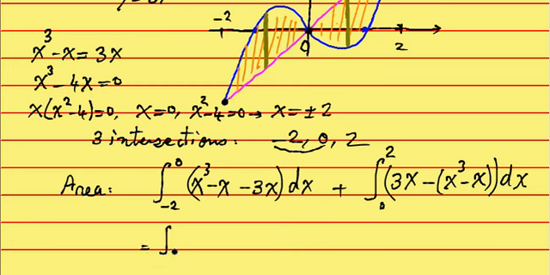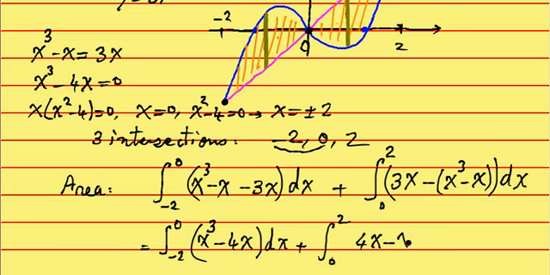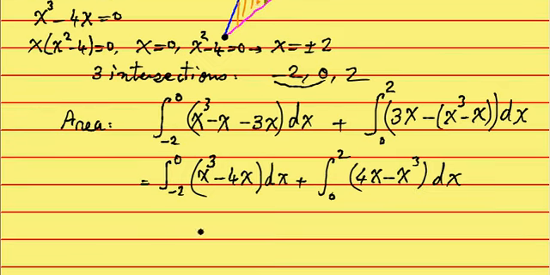This is the integral from -2 to 0 of x cubed minus 4x dx, and the other one is just going to be the negative of this. When you subtract, this is 4x minus x cubed dx. So whatever effort you spend integrating it here, most likely it's useful on the next integral as well.